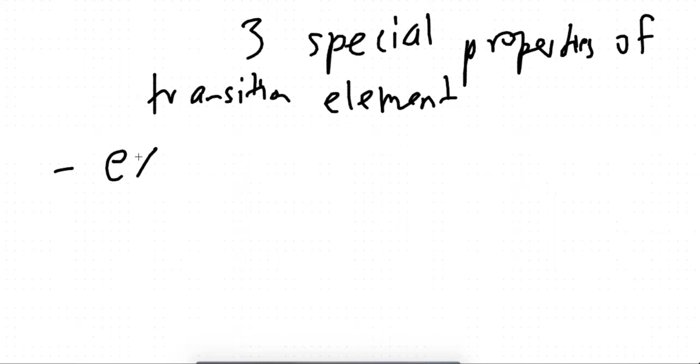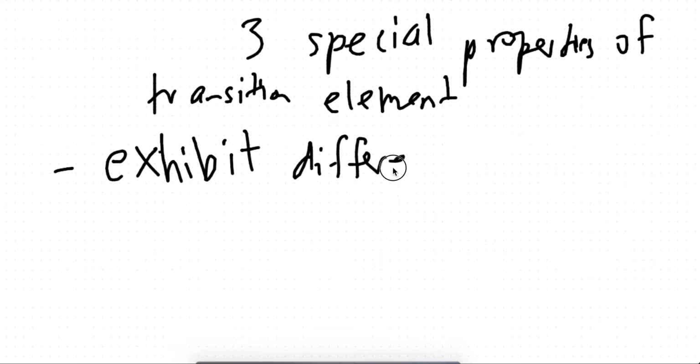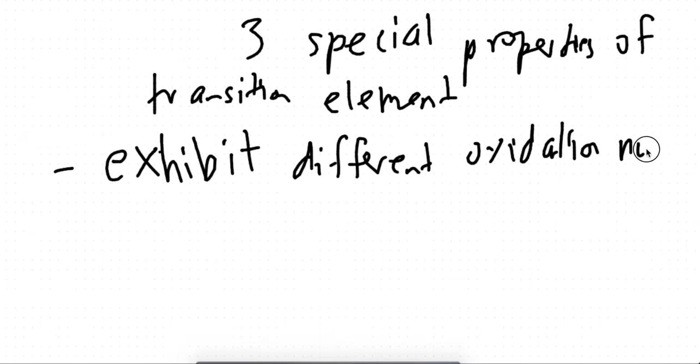So what is an oxidation number? Again, don't worry about it. We'll come to that in redox reaction. So the first property of transition elements is that they exhibit or show different oxidation numbers. Remember this phrase, oxidation numbers. Transition metals exhibit different oxidation numbers.